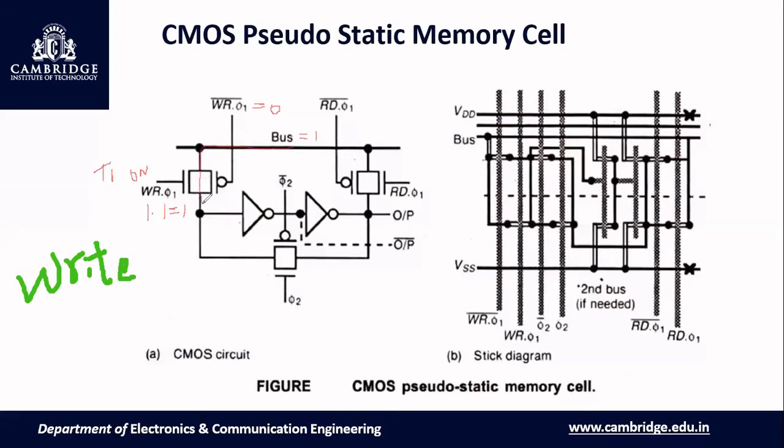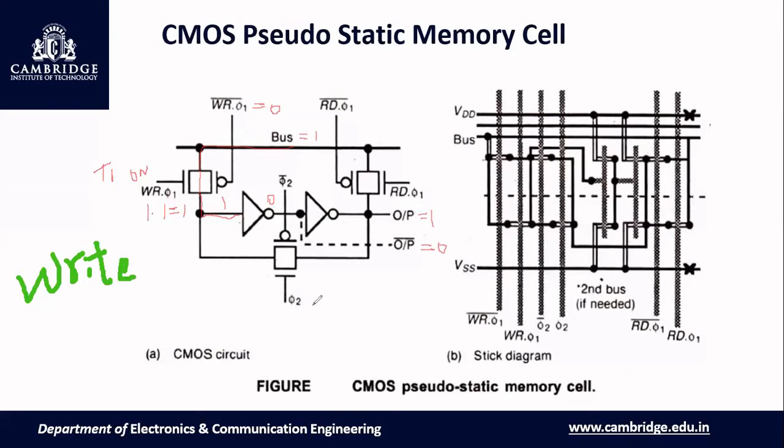Here the first transmission gate is on, so current will flow in that transmission gate. Whatever data you had in the bus will be available here. That is inverted, you'll get 0. Again it is inverted, you'll get 1. And output bar is 0. Simple, right?